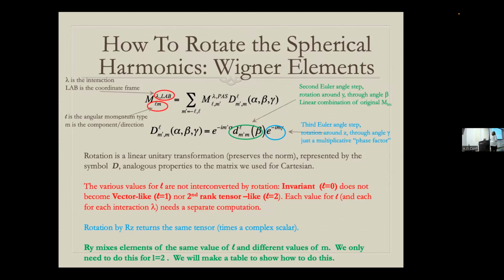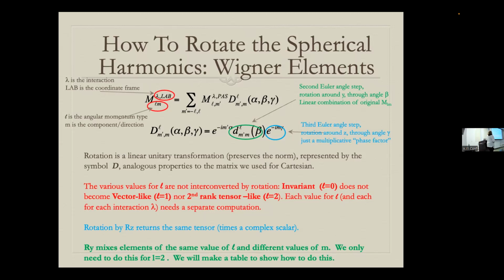So I have something that's in the PAS, some tensor, it's still called that capital N. It has components. So I have to specify L and M, like I'm now going to think about what? L equals 0, M equals 0, okay?